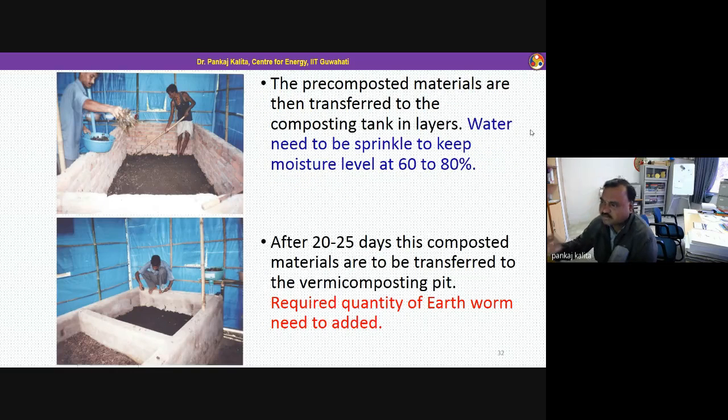Then the pre-composted material is transferred to the composting tank in layers. Then water is sprinkled to keep the moisture level at 60 to 80%. After 20 to 25 days, this composted material is transferred to the vermicompost pit, where we release the worms for their activity.